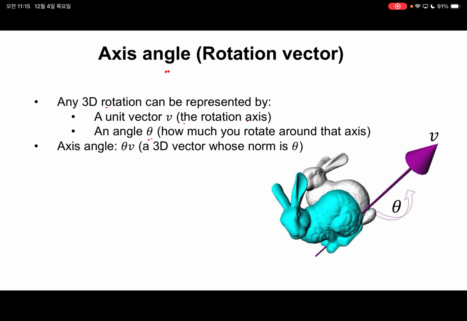So we represent axis angle as theta v, a 3D vector. v is a unit vector, and theta is just a scalar. It is a 3D vector whose norm is theta. That is the axis angle, theta v. So it's a 3D representation.